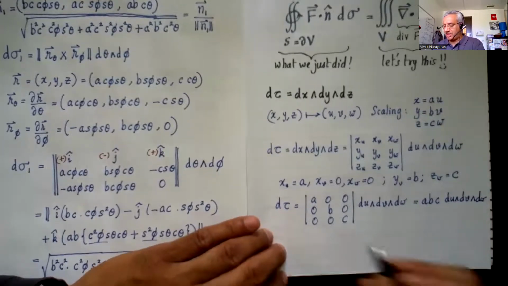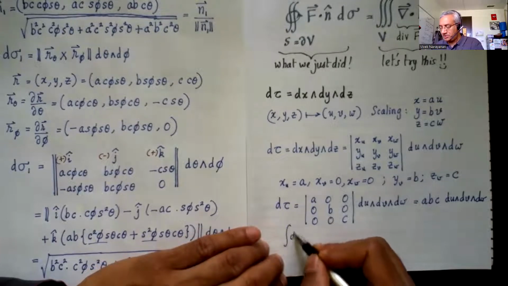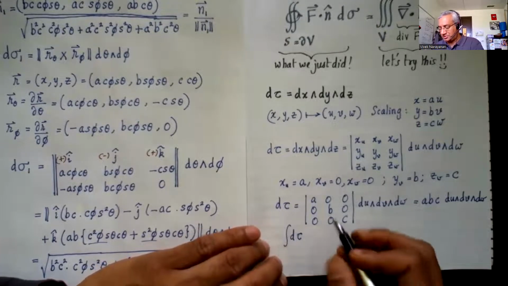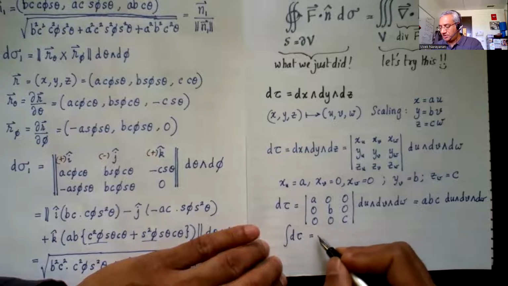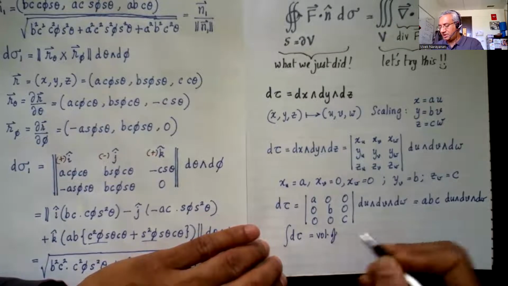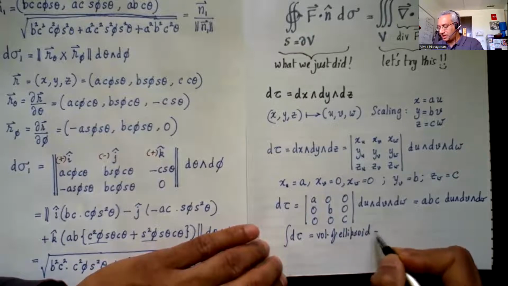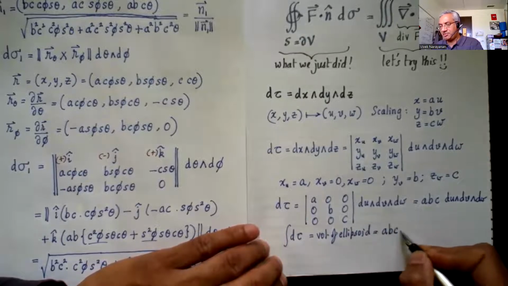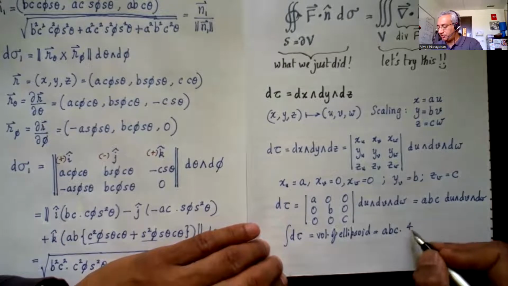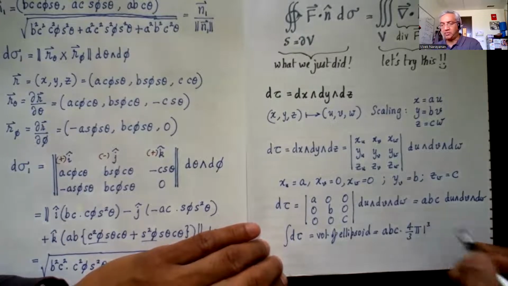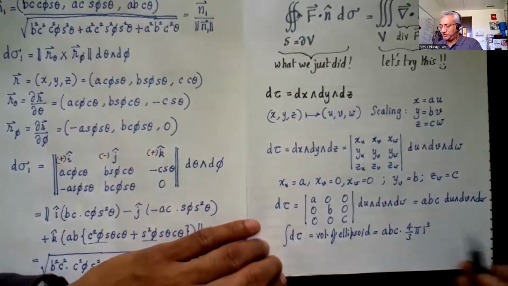When I integrate both sides, the integral of d tau, triple integral actually, is the volume of the ellipsoid. And that's going to be abc times the volume of a sphere. Well, the volume of a sphere is 4/3 pi r cubed, but r is 1, it's a unit sphere. Why is it a unit sphere?